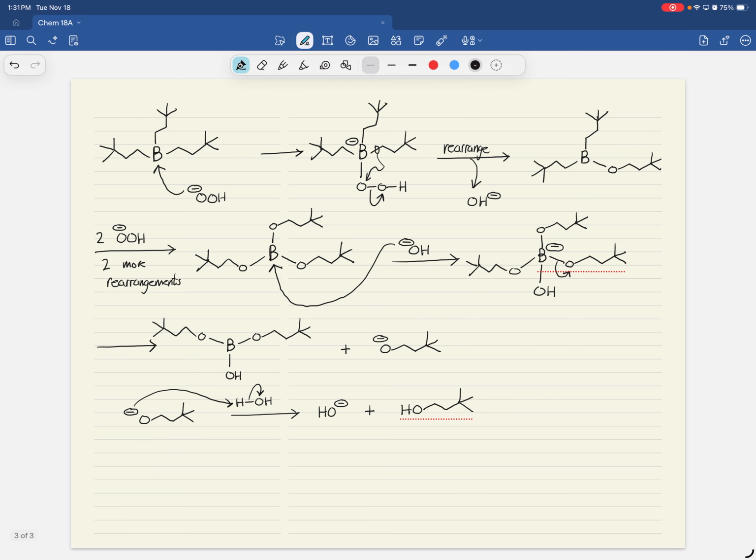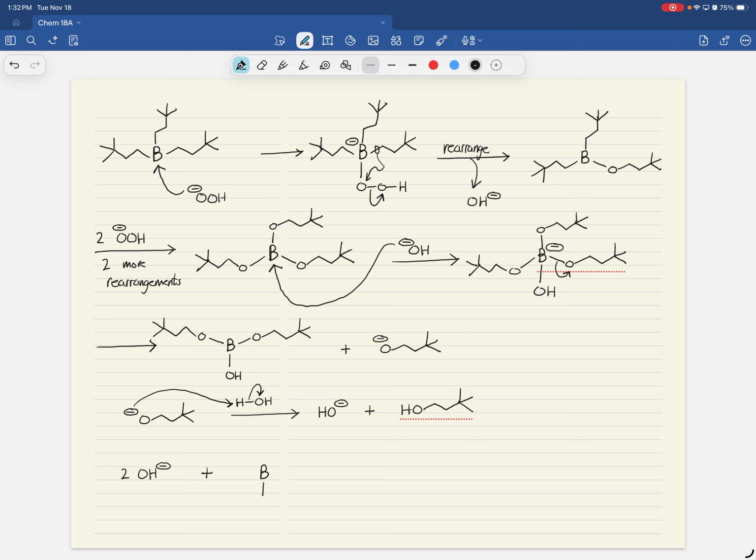Okay. And then, so that's the fate of this guy right here. So that's the fate of this one right here. Okay? Now let's talk about that boron, the other boron intermediate. Okay. So, two additional OH ions are going to react with that boronic ester.